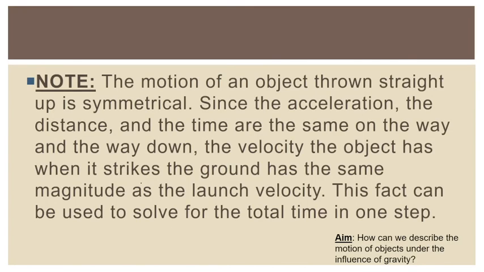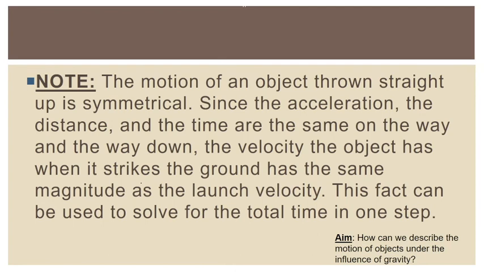Now, to find out how long it's in the air, we have to recognize a very important fact about this problem. And that is that the motion of an object thrown straight up in the air is, as I call it, symmetrical. The acceleration on the way up is the same as the acceleration on the way down. The distance on the way up is the same as the distance on the way down.